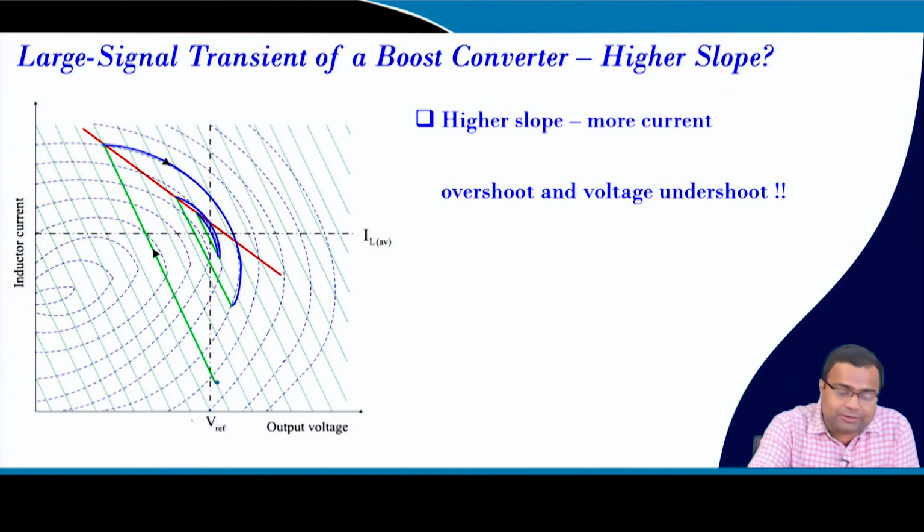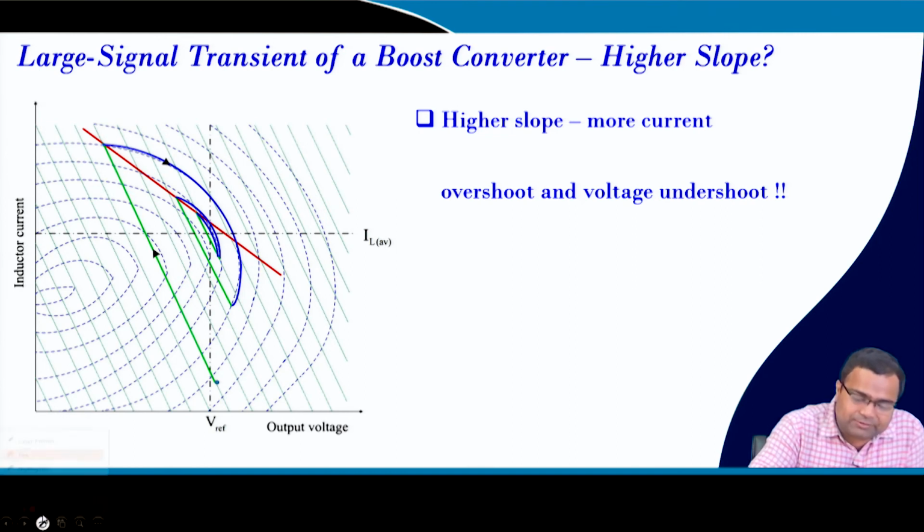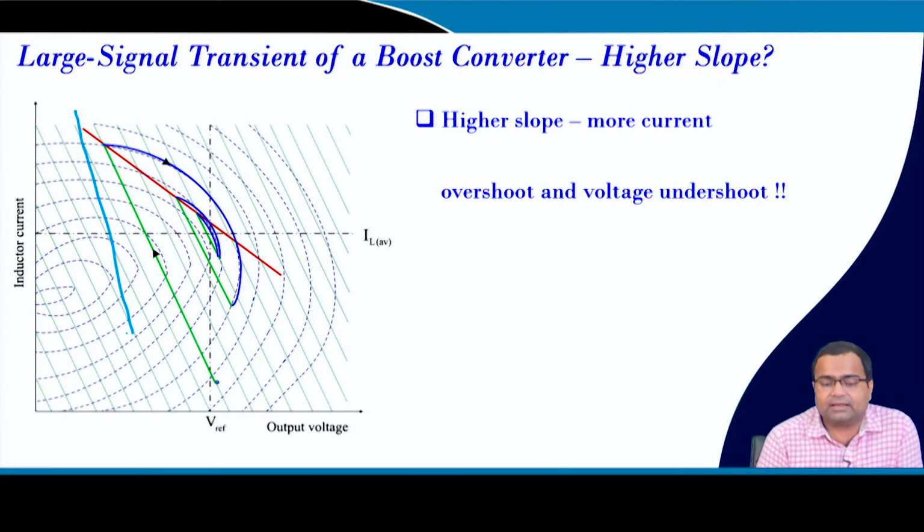In fact, if you by mistake take the slope like this, then it will be unstable, because the slope is higher than the magnitude of the slope of the on state trajectory.